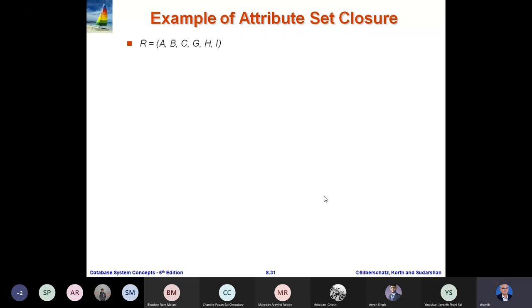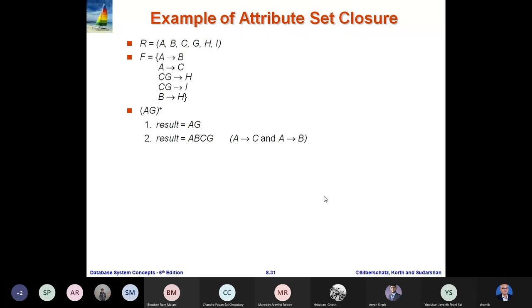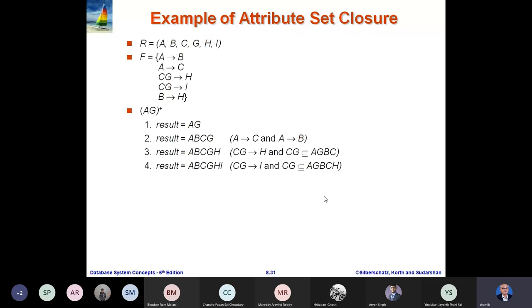So we have an example. First, this is the FD that is given to us, and we are trying to compute AG plus. Of course, the starting alpha plus is AG itself, and then we can see that we get A to B and A to C, so we get A to BC.